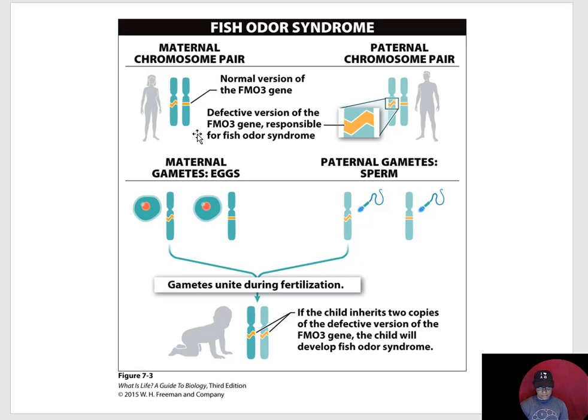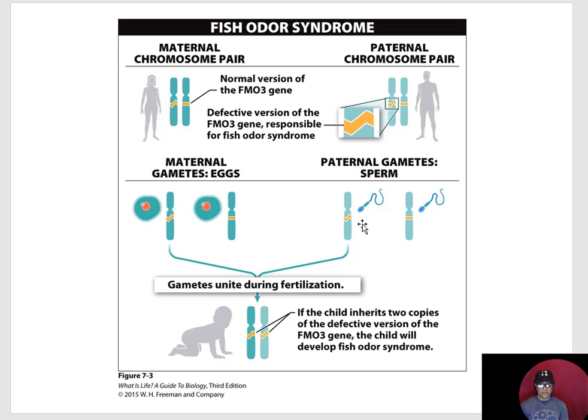Well, now when we look at the maternal gametes, the eggs, she can either make an egg that has a normal version, or she can make an egg that has an abnormal version. Same thing for the paternal gametes. He can either make sperm that have a normal version of the FMO3 gene, or he can make sperm that has an abnormal version.